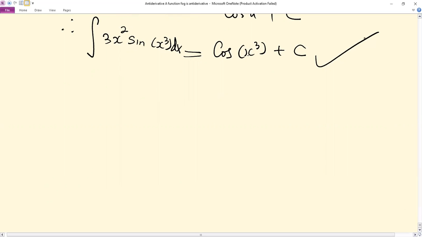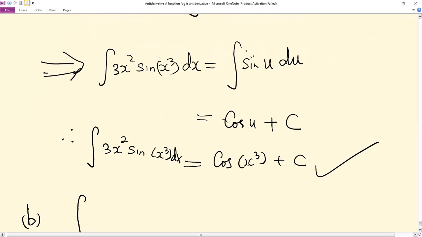And then the second problem, B, integrate. So remember the integral of sine is negative cosine of u.